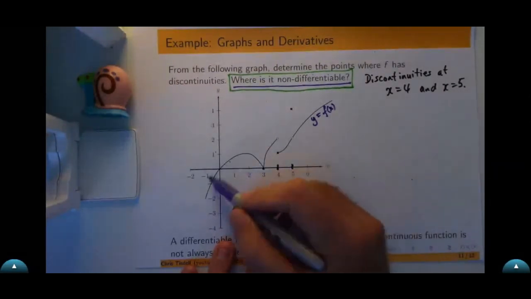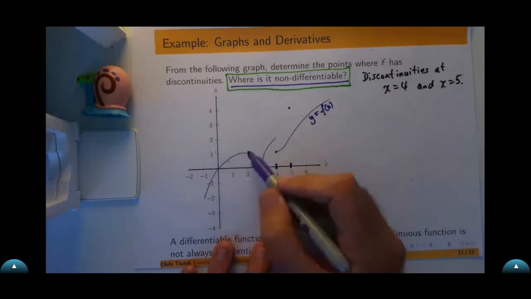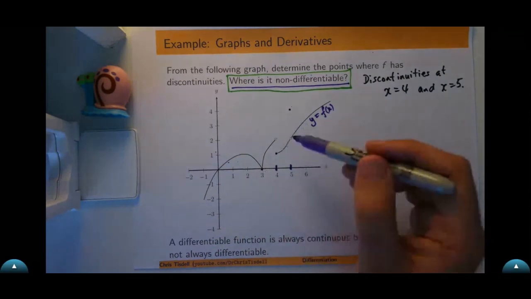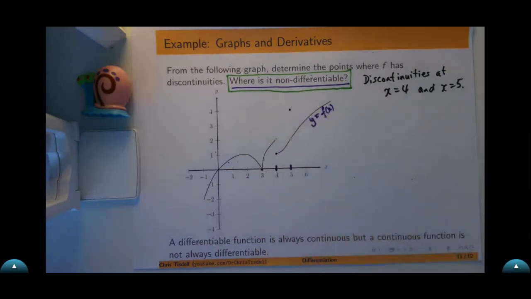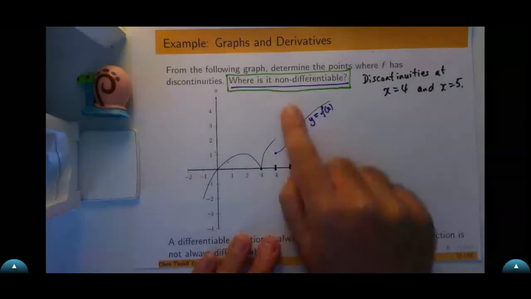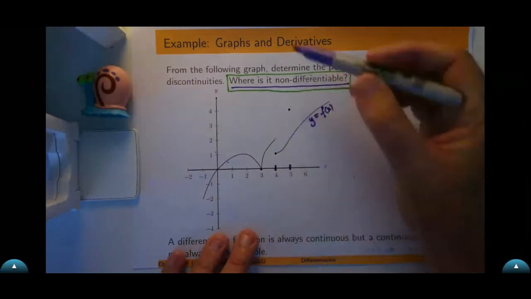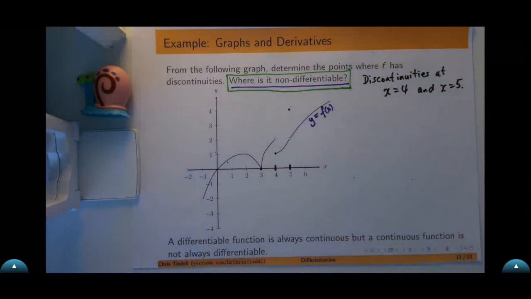At all these other points, I can draw these nice tangent lines, but it doesn't work at x equals 3. It definitely doesn't work at x equals 4 or x equals 5. How are you going to draw a tangent line to the curve at x equals 5? Does it go like that? Like that? There's no way you can do it.